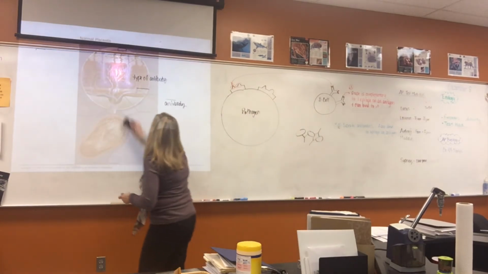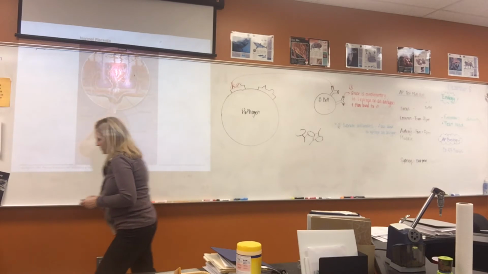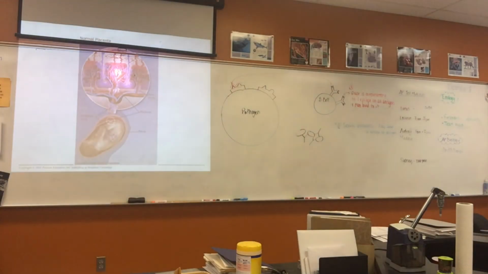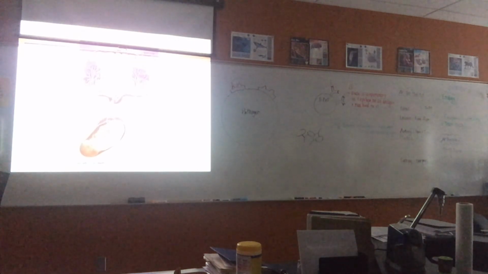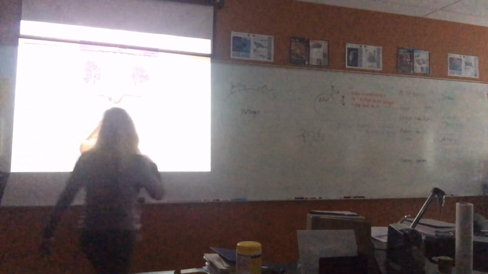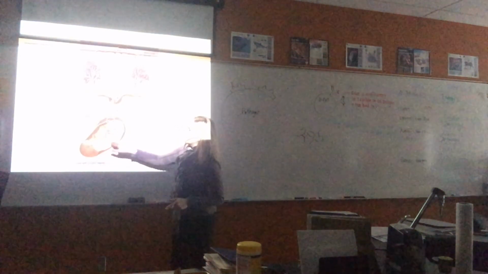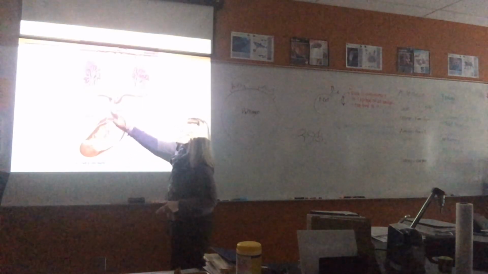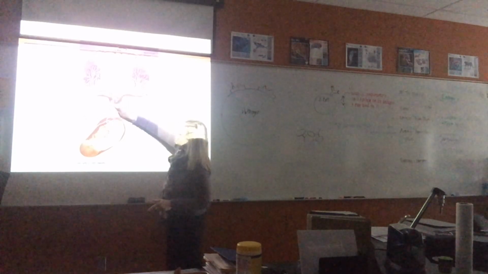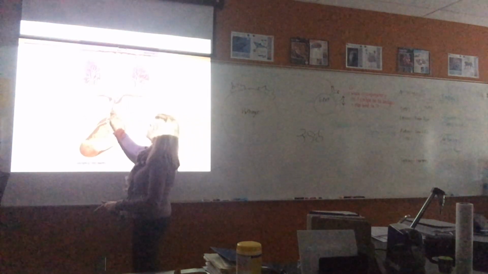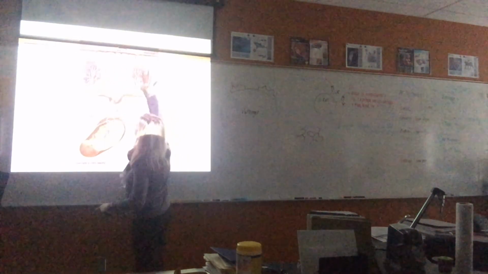Oh, I forgot I put this picture here. That just shows, because when I was talking about the placenta and the mother and the blood and so on, I realized that you might not know what I'm talking about. So here's the baby, and here's the umbilical cord, and this is the placenta. This enlarges the umbilical cord, which has arteries and veins. The baby's blood flows through the umbilical cord, and this part right here is the placenta.